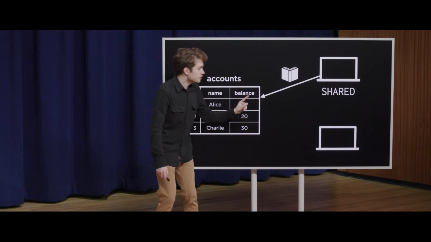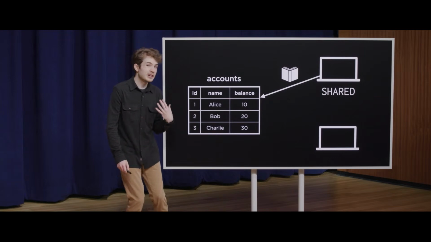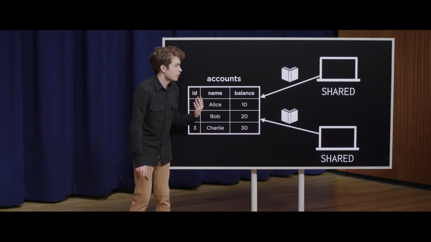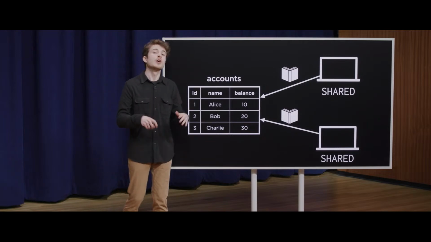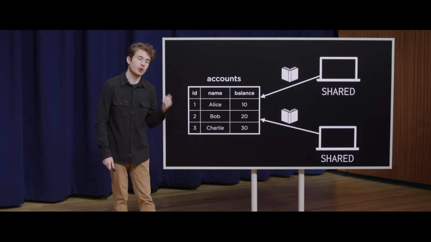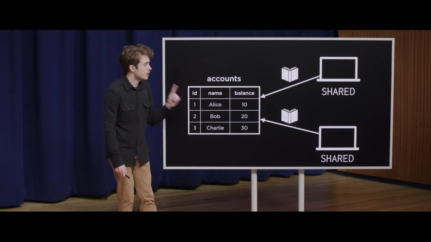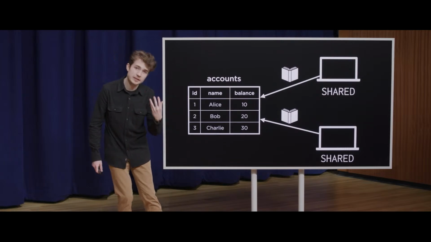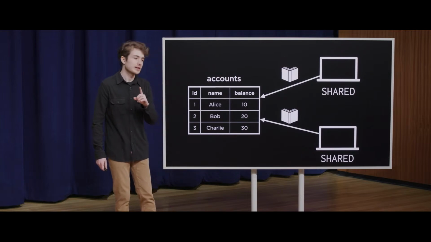So let's say this computer comes in. They decide to read from this table. They could acquire the same shared lock. And because we're only reading, not updating, multiple transactions can read all at once. We don't have to make these sequential. But if we have a transaction hoping to write to the database, to update some value, well, that's when things get a little weird.